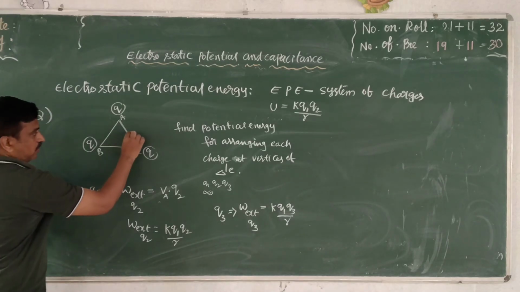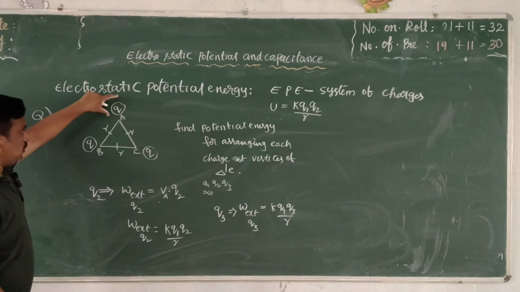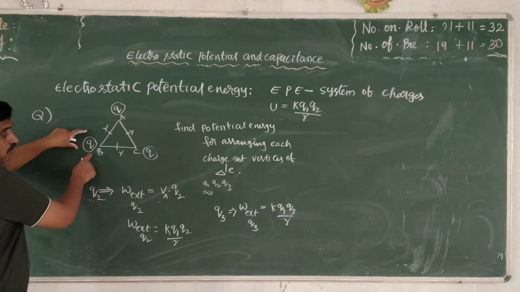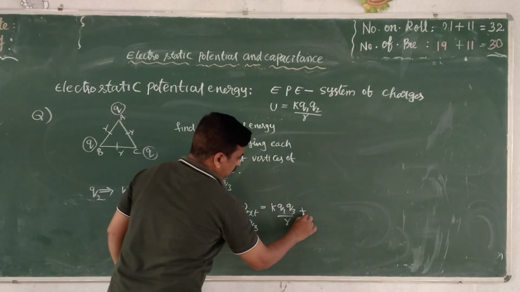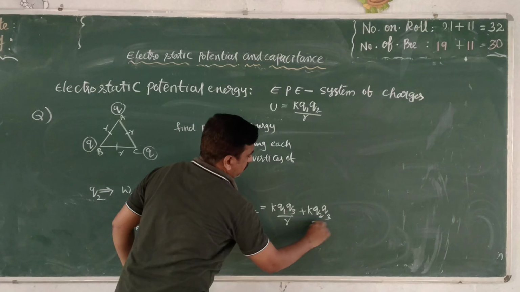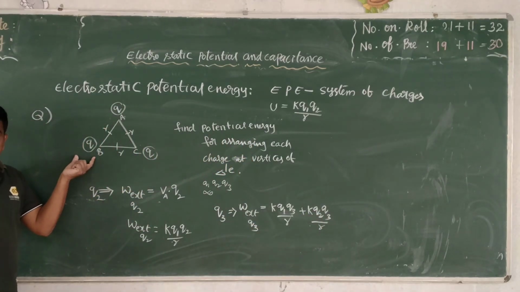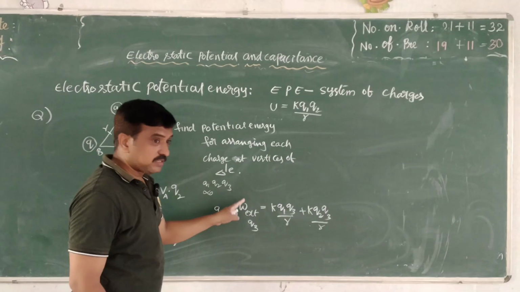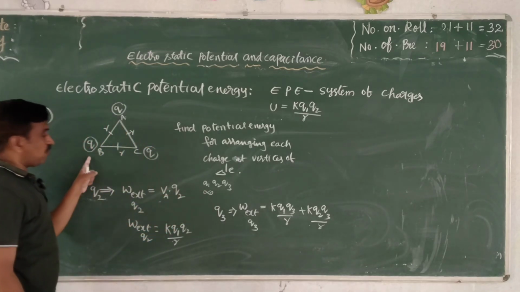Here the distance is R. The potential developed due to q1 times this charge means k q1 q3 by R, plus k q2 q3 by R. Why? Because q2 also develops some potential here, and that potential times this charge gives the work. So this is the work done by the external agent in bringing the q3 charge from infinity to this configuration.